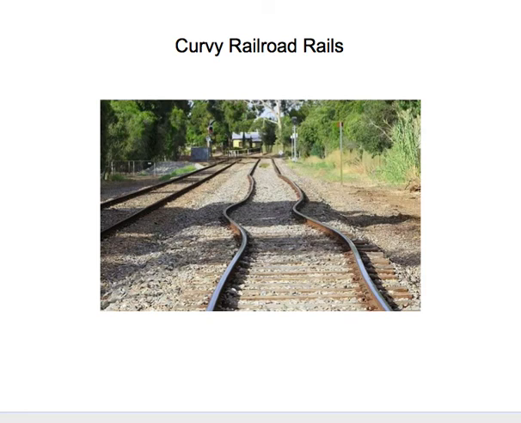Another couple issues we're going to cover in this course are covered by what we see in this picture. We see a picture of some railroad rails, which you would like for them to be straight and equal distance apart, but that's not what happened here.